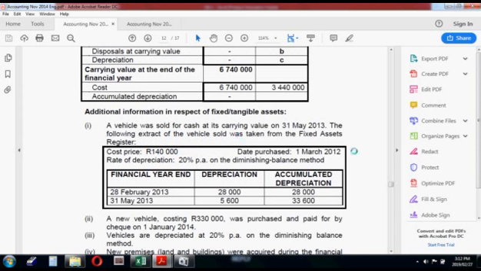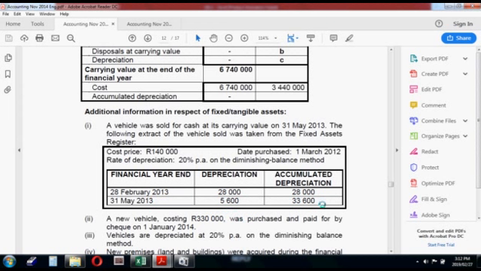The accumulated depreciation at the end of the previous financial year was 28,000, and then we still wrote off 5,600 rands worth of depreciation up to the date of disposal, which is 31 May 2013, for a total accumulated depreciation of 33,600 up to the date of disposal.